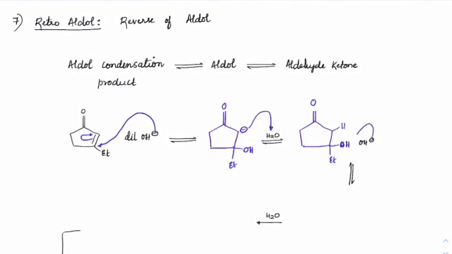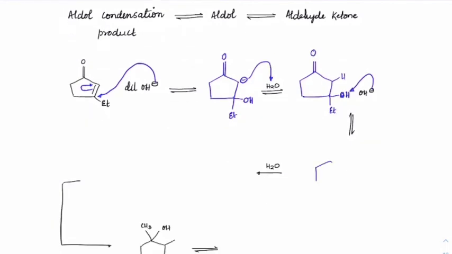Now this OH minus will extract the proton from here, and makes the carbanion formation there. So we will get this as double bond O, H, carbanion, O minus and Et. This carbanion will try to close as a double bond, breaking this bond to make a double bond formation here. Correct?